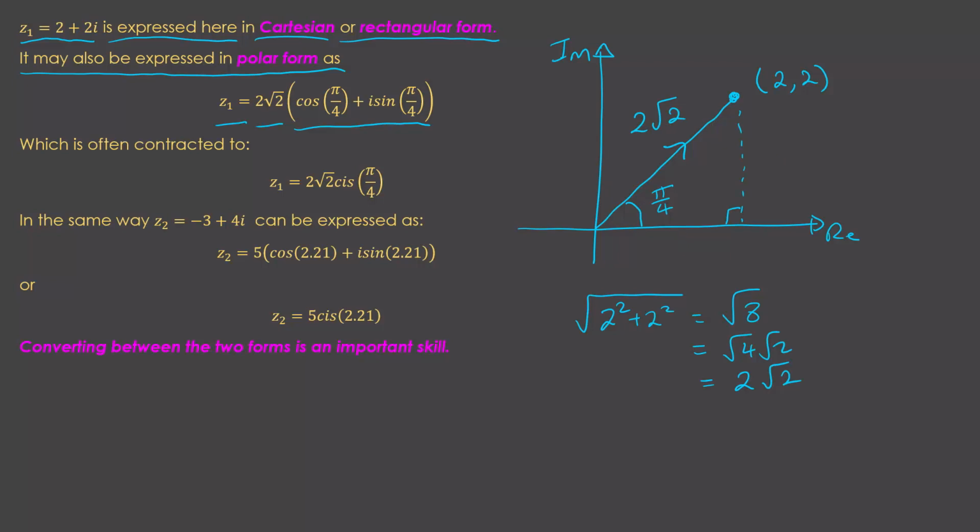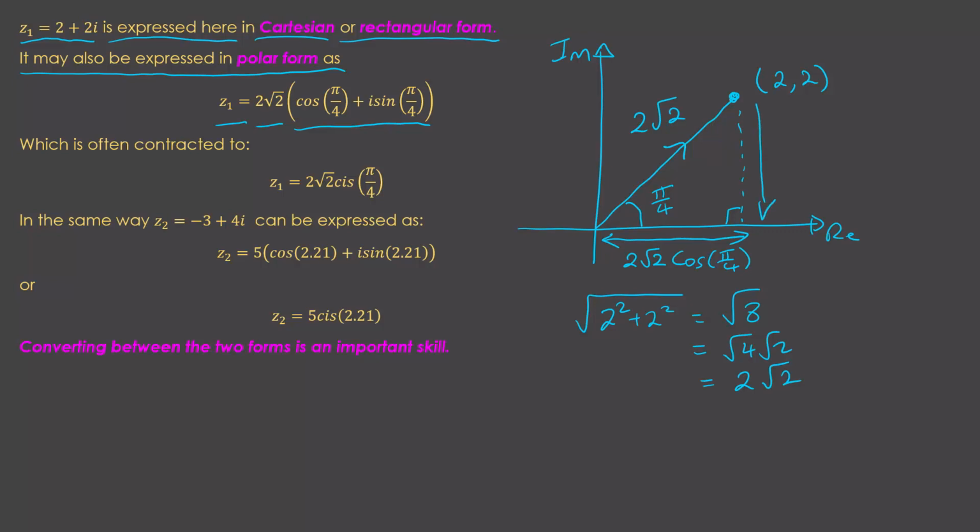If we didn't have those as both being 2, then using ordinary right-angled triangle trigonometry, we would know that this length here was the adjacent, and we could work out its length by calculating 2 root 2 cos pi by 4.